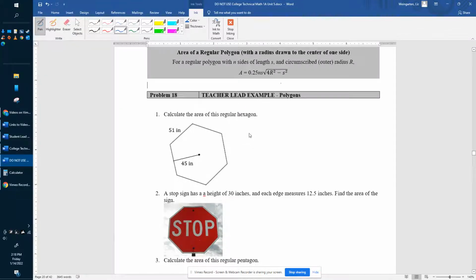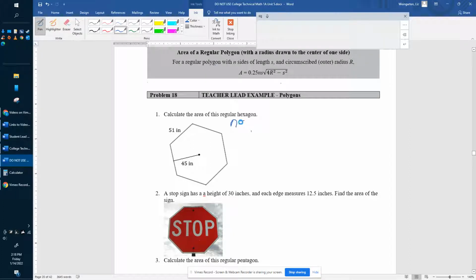So we want to calculate the area of this regular hexagon. A hexagon has 6 sides. N equals 6. Our side is 51 inches in length. Our radius is 45 inches. Our area is equal to 6 times 51 times 45 divided by 2.